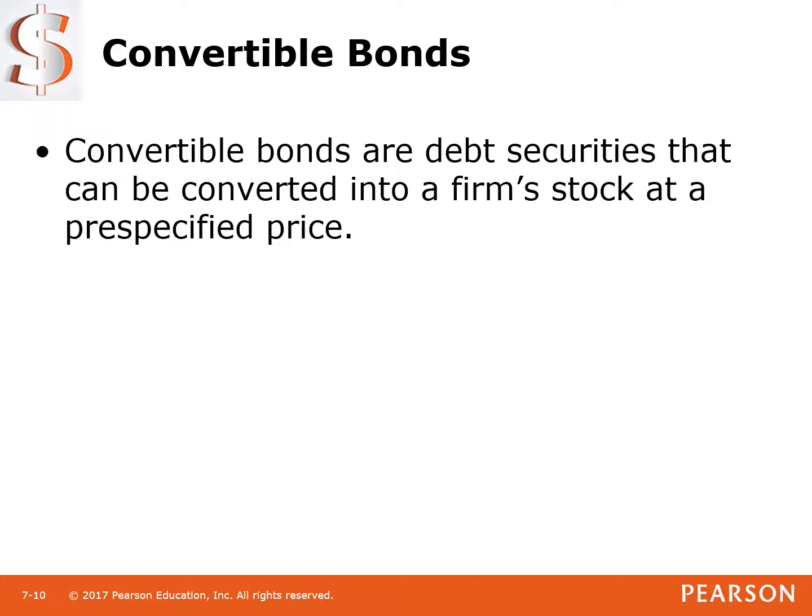Convertible bonds are another kind of bond. So not all bonds are going to be sold this way. We're just letting you know the different kinds. If a bond is a convertible bond, it generally can be converted or transformed into a firm's stock at a certain price. So the company, near maturity or at a certain point, may say, instead of us paying the bondholder back in money, we'll pay them in our stock.